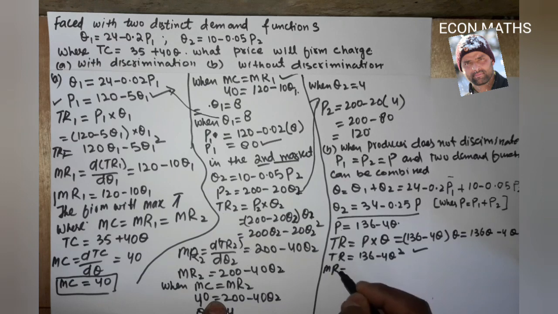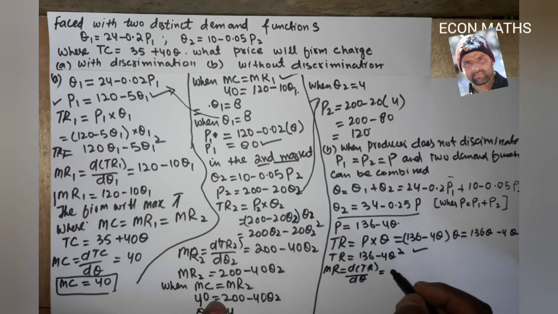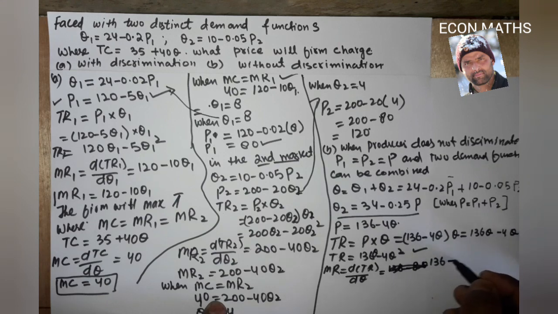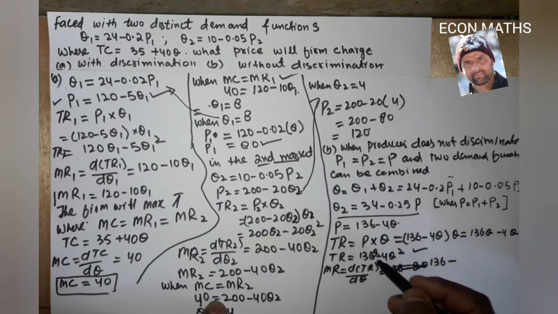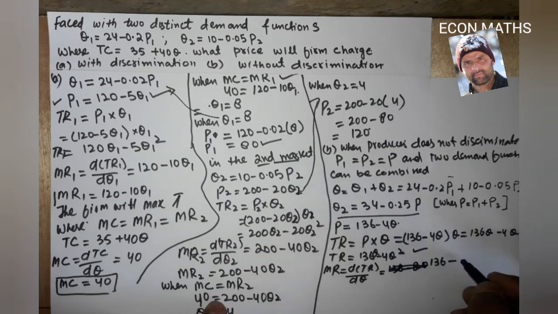Therefore, marginal revenue is equal to dTR over dQ. Sorry, I have made a mistake. So this is 136 minus, when taking the derivative of 136Q, that is 136, and the derivative of minus 4Q square is 4 twos are 8Q.